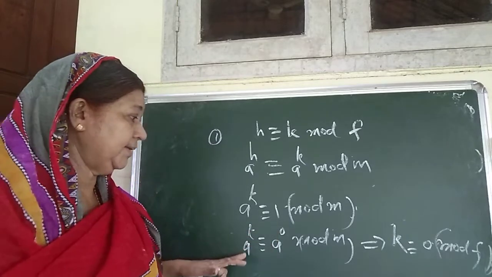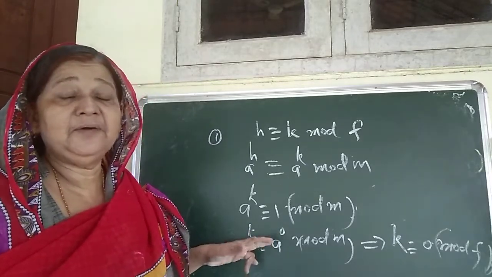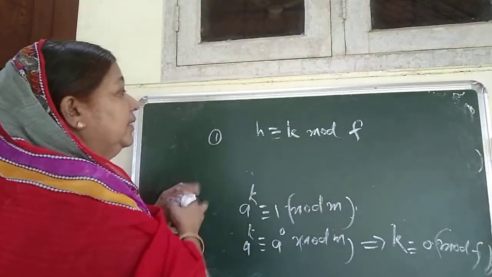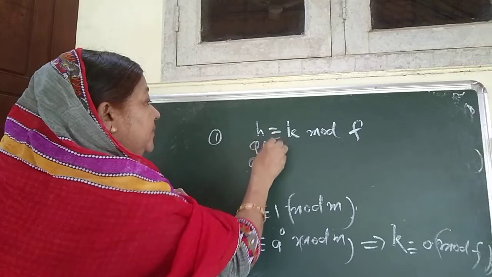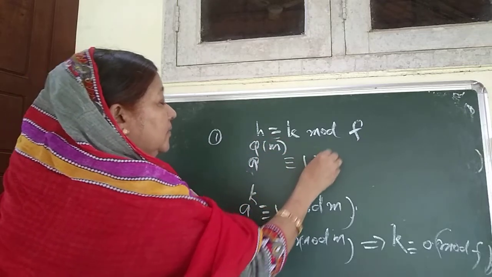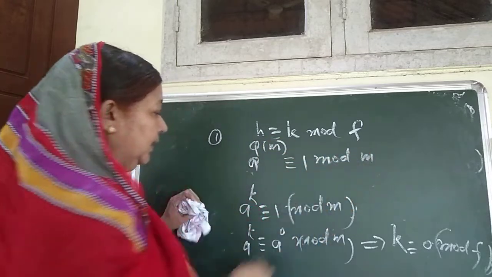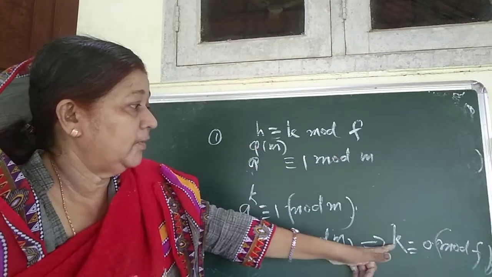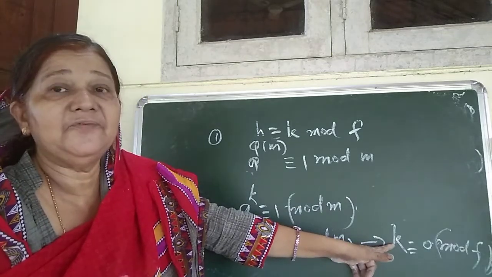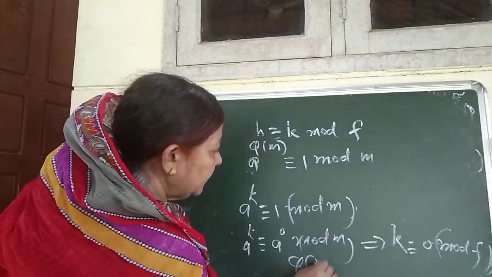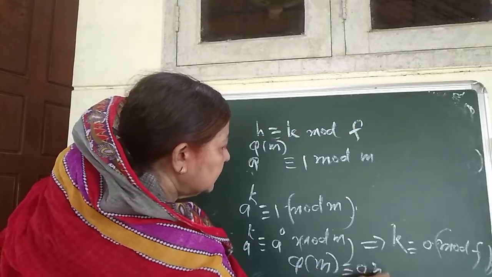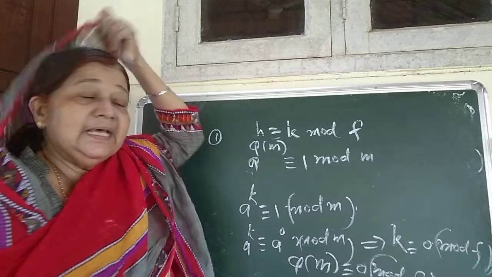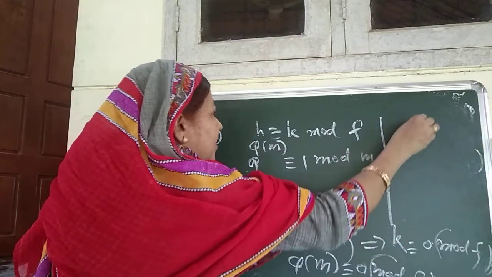But we know again, by Euler-Fermat's theorem, a raised to phi m is congruent to 1 modulo m. We can replace this k by phi m. We get phi m is congruent to 0 mod f, or we arrive at a very important result, that is f divides phi m.